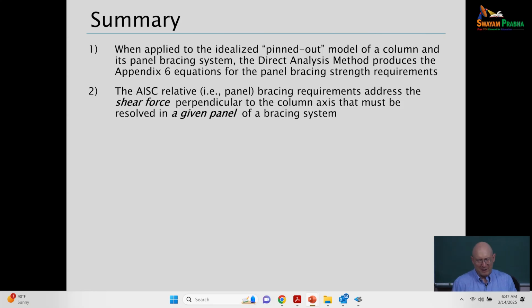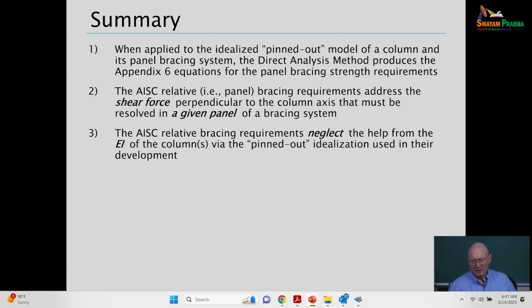And so the AISC relative or panel bracing requirements are giving us the shear force perpendicular to the panel in that panel that's providing the bracing. Now, it was pinned at top and bottom, so the derivation really neglected any help from the rigidity of the columns.